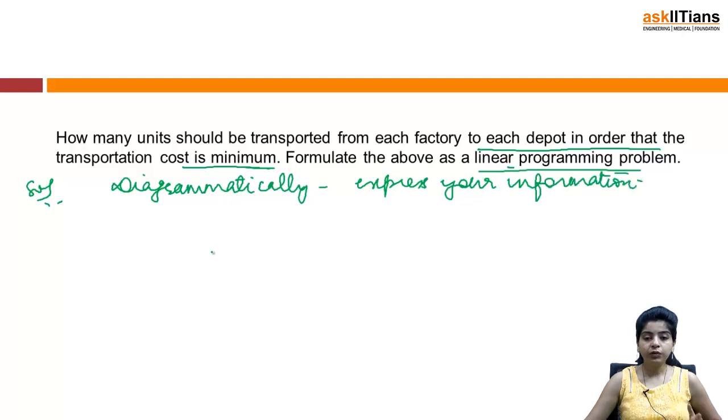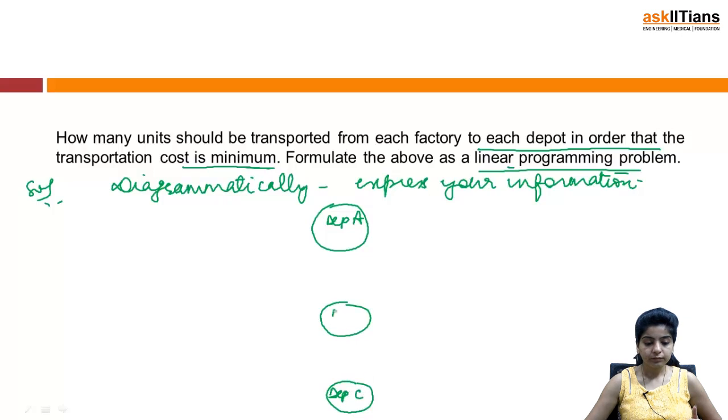How do we do that? Just see, now I take my depots to be in this form. This is my depot A, then I have my depot B, then I will have my depot C, and here I put my factory P and factory Q.